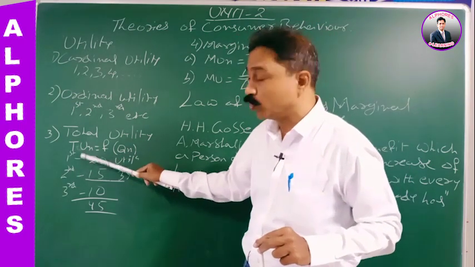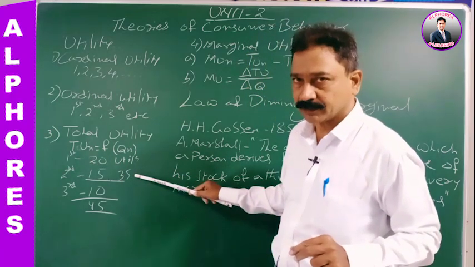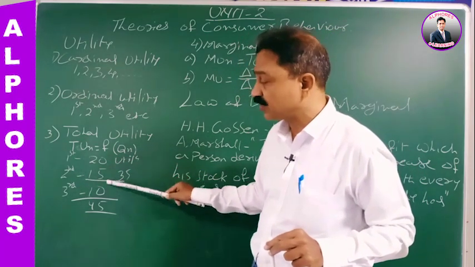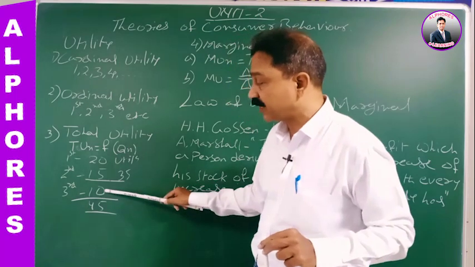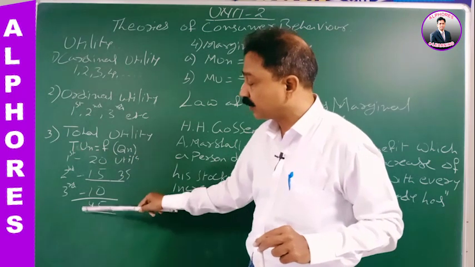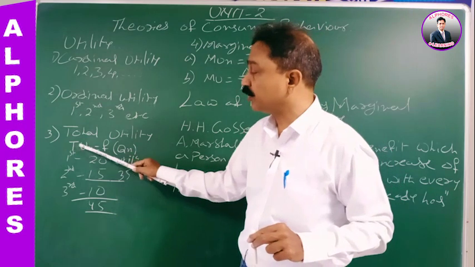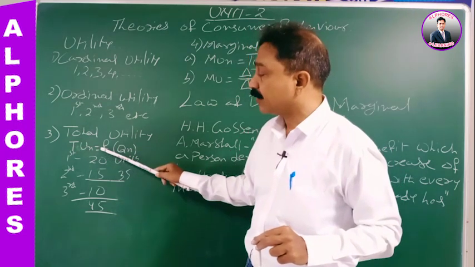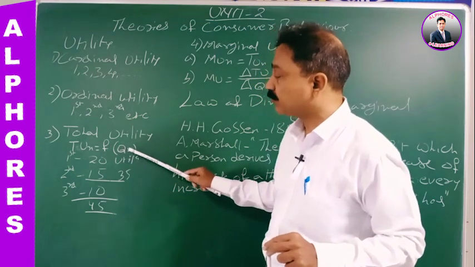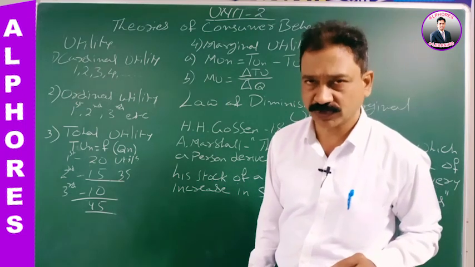But from both of them you got 35 utils. Clear? Okay. From the third you got only 10 utils. See, the utility is decreasing. From the third you got 10. But out of 1, 2, 3 put together, you got 40 utils of satisfaction. So that's why we say total utility of n commodity equals a functional relation with quantity of n commodity. Any doubt? Oh, there is no doubt.